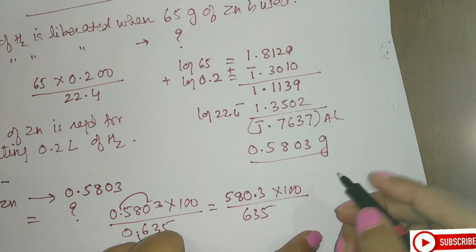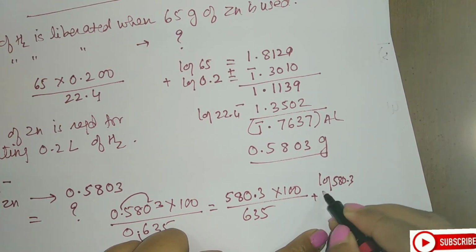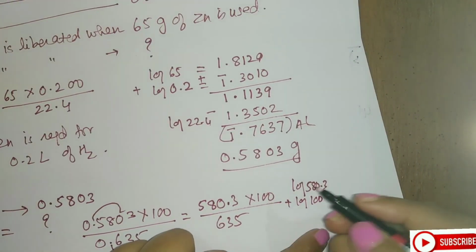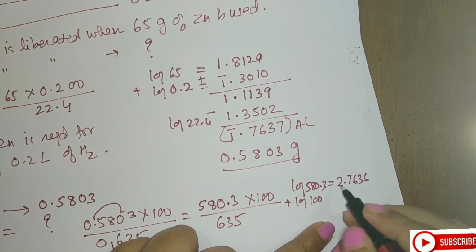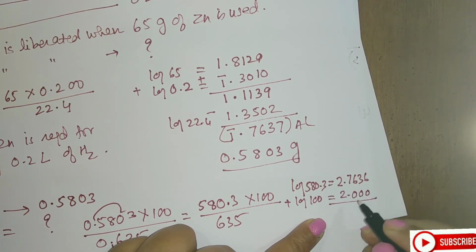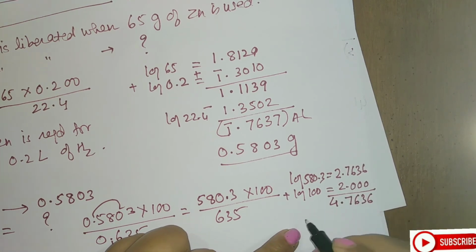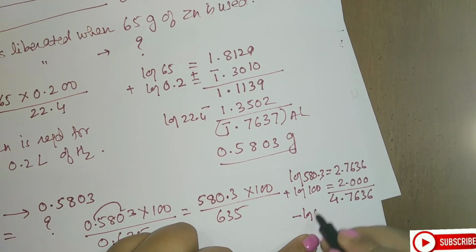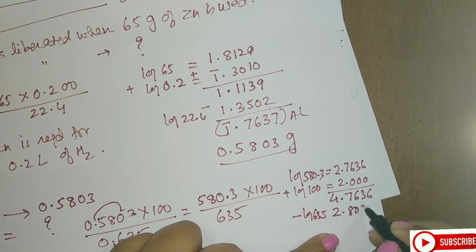Now let us go for the log. Log of 580.3 plus log of 100. So this will be 2.7636 plus 2.0000, which will come to 4.7636, minus log of 635, which is 2.8028.